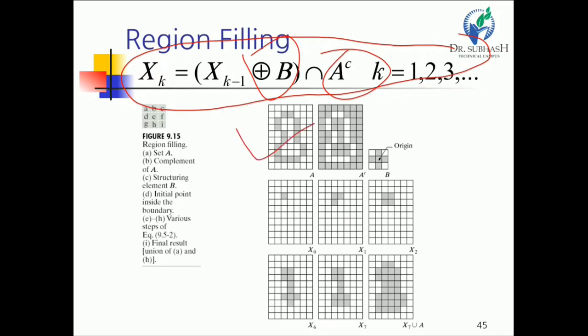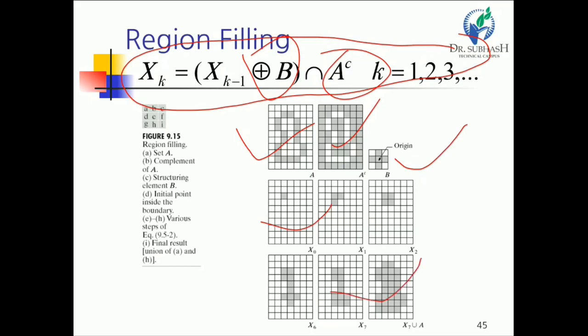Figure A is the set A, figure B is the complement of A, figure C is the structuring element B, and figure D is the initial point inside the boundary. E through H are various steps, where the result is added to the next step.